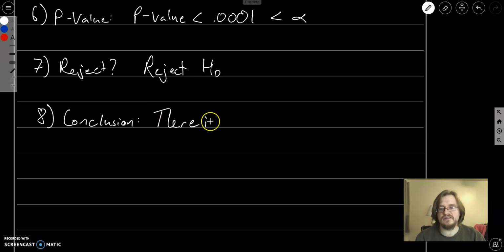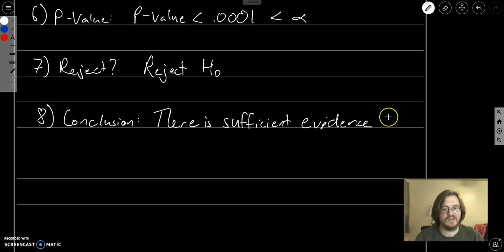So in conclusion, there is sufficient evidence to reject the null hypothesis, which means that our claim, that the standard deviation is less than 7.5, is true.